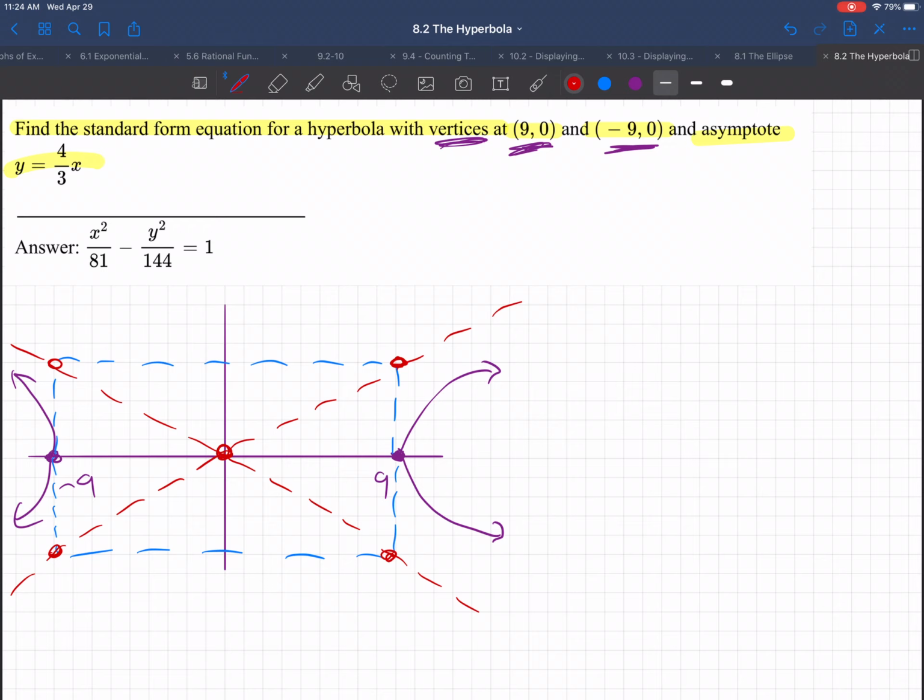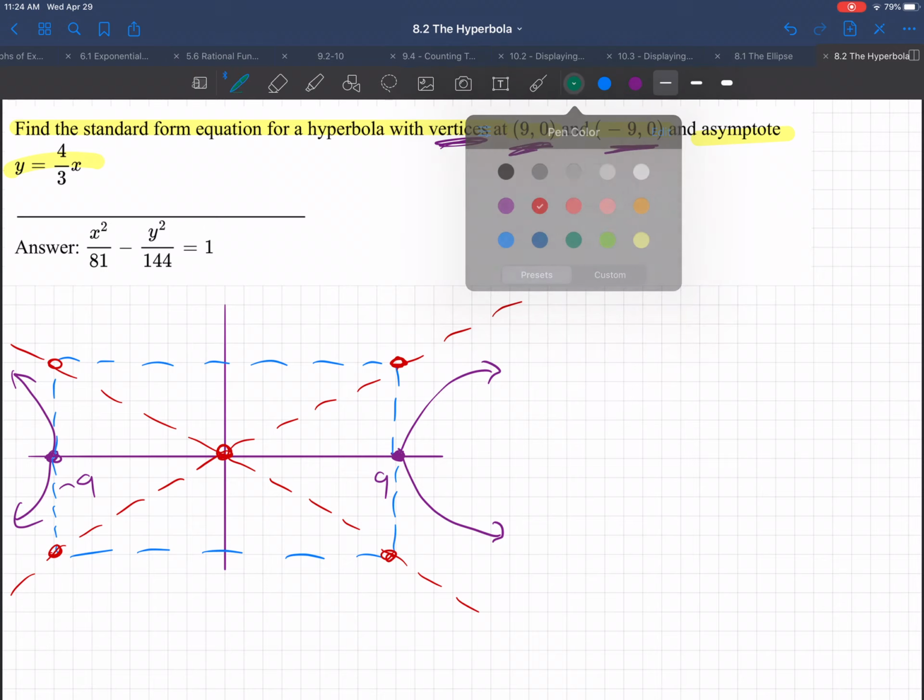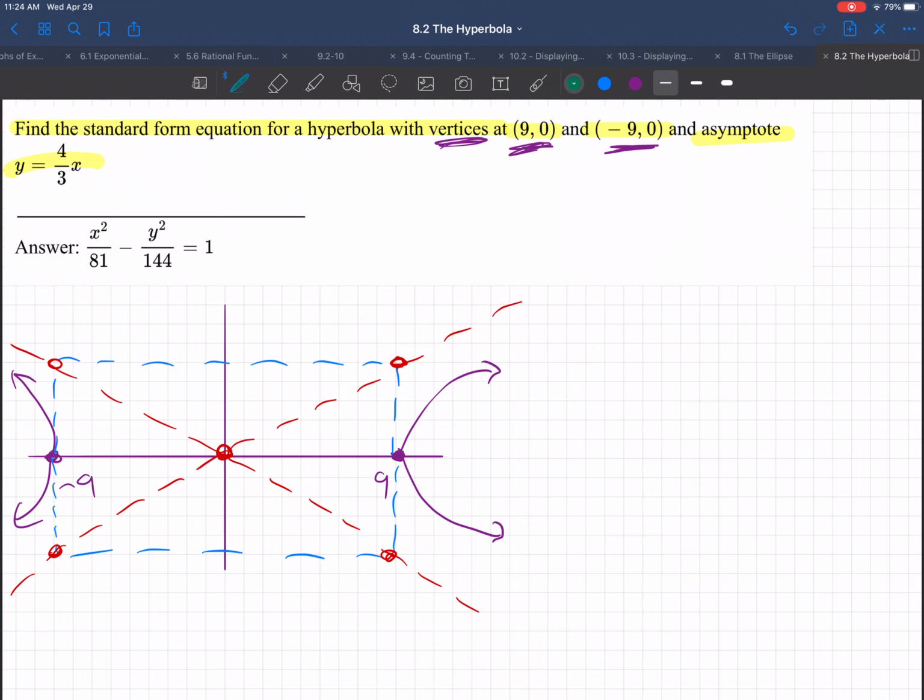Okay, so what can we know or do from here? Well, we're trying to find the general setup of the equation. The branches go right and left, so that means in the front we have x squared, not y squared. Y squared's in the back because, again, the branches go right and left, not up and down. X is right and left.